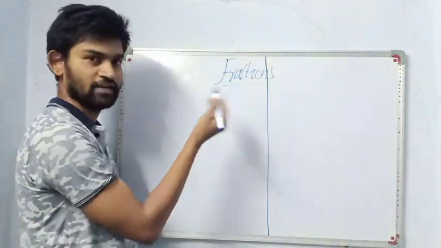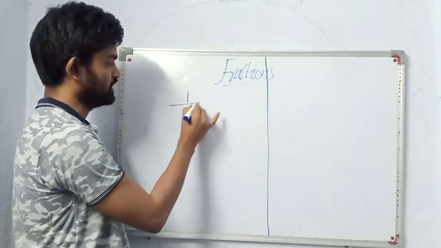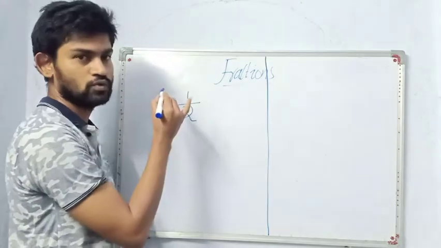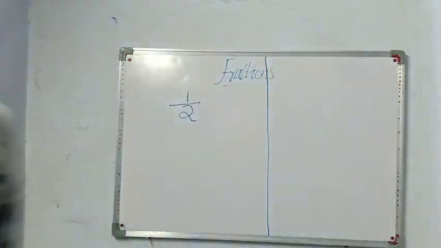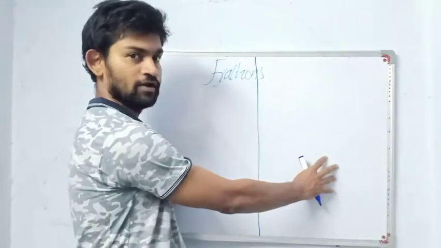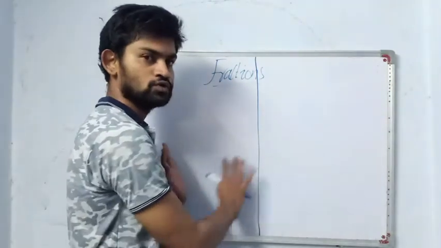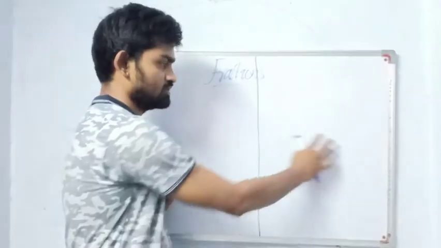So how to write a fraction now: one board is there, I divided it into two. First we have only one board. Now I divided this board into two parts. See, this is one, this is another part.